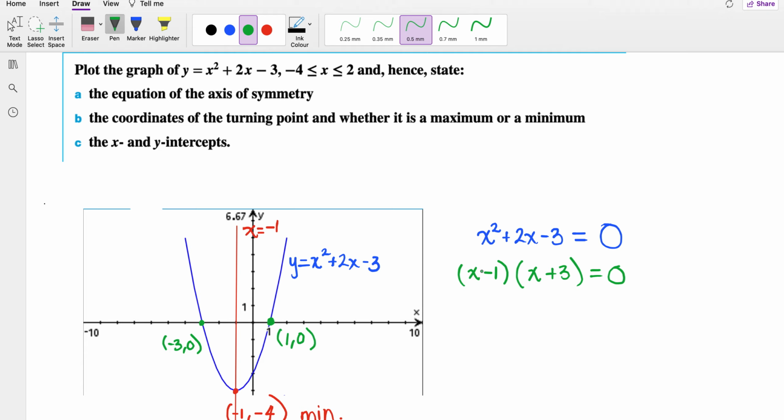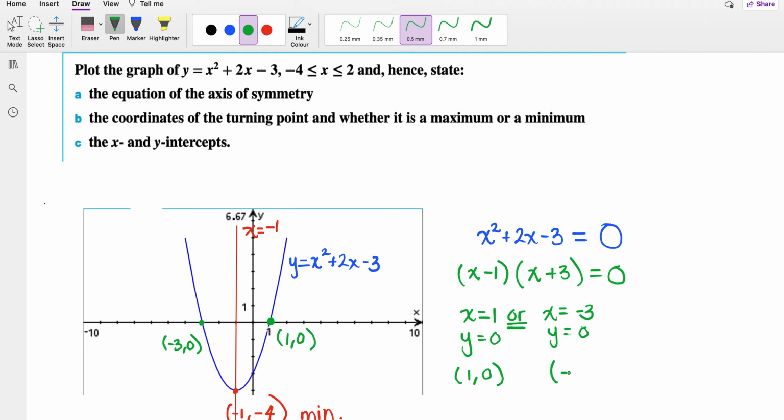Okay, so how can this equation be equal to 0? One way is that x is equal to 1. So when x is equal to 1, y will be equal to 0, and that is 1, 0. This is this coordinate. Or the other option is that if x is equal to -3 in here, y will also be equal to 0, because it doesn't matter what number I'm multiplying by 0, it will always be 0.